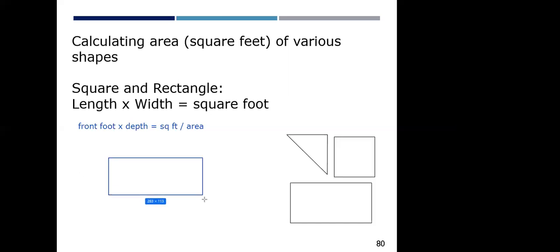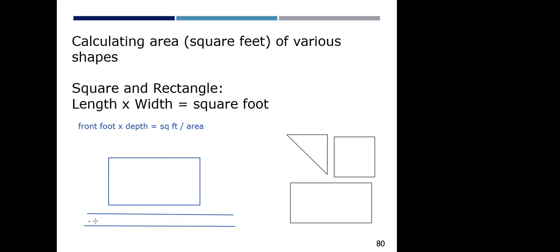So let's say this is your lot, and the road runs right in front of it. So you got your road. What we're saying now, the front foot is the part that runs parallel to the road, also known as the length.